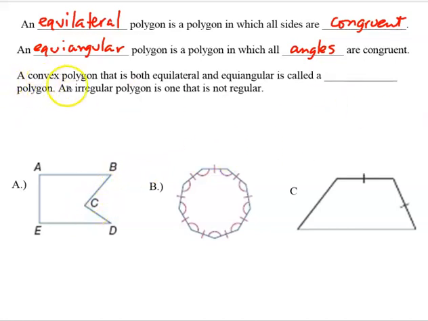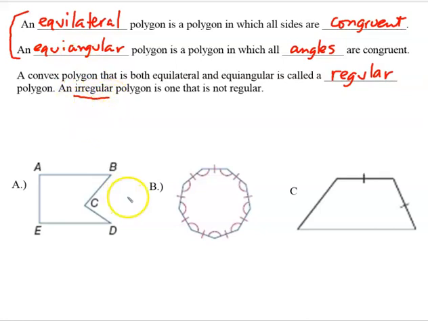So we could have a convex polygon that is both of these. All the sides are congruent and, notice, got to be both, and all the angles are congruent. This is called a regular polygon. Okay, but to be regular, both of these have to be true. If it's equilateral but not equiangular, then we would call it irregular.